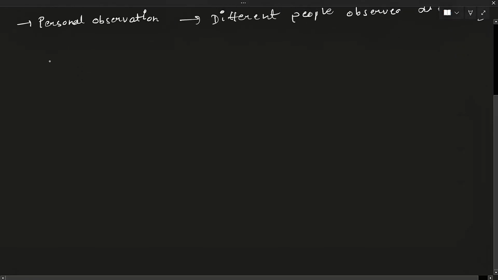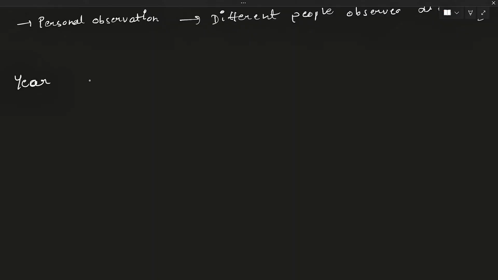So first we write year. I'm going to increase the size of the brush. Here we write year, here we write scientist name. Remember these scientists are important and their contribution.